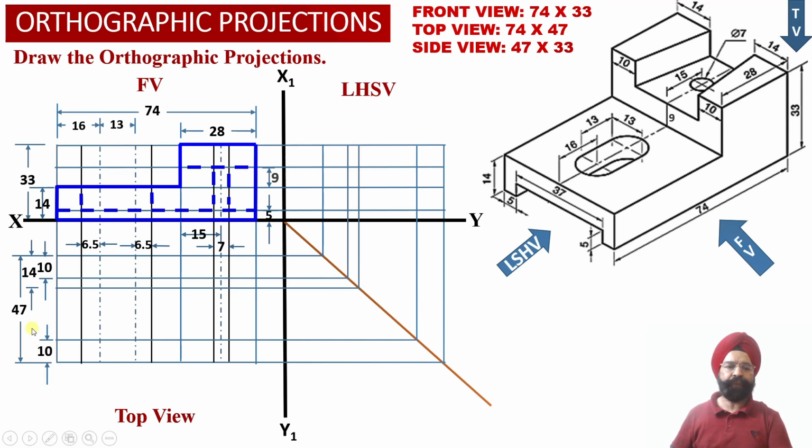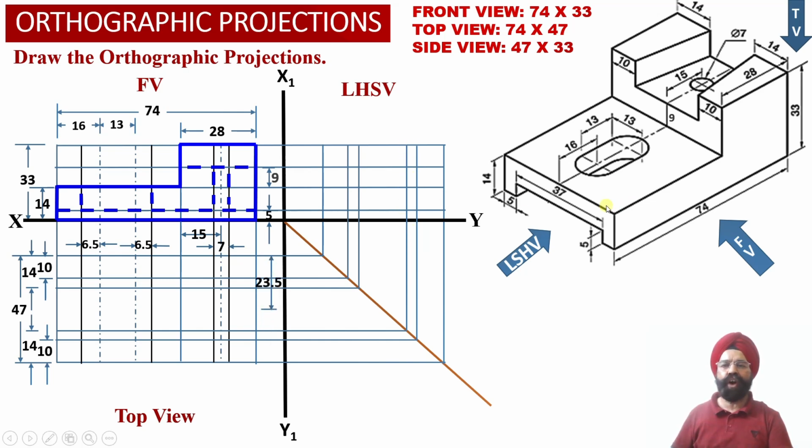Similarly, from the front face of the solid, again we have measured a distance of 14 millimeter in order to locate this point, and a horizontal projector line has been obtained into the top view projection, and this horizontal projector line has been appropriately transferred into the left hand side view projection over here.